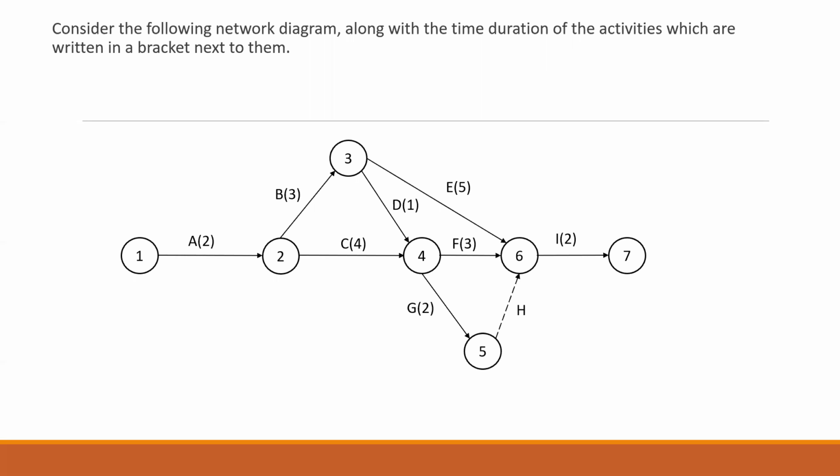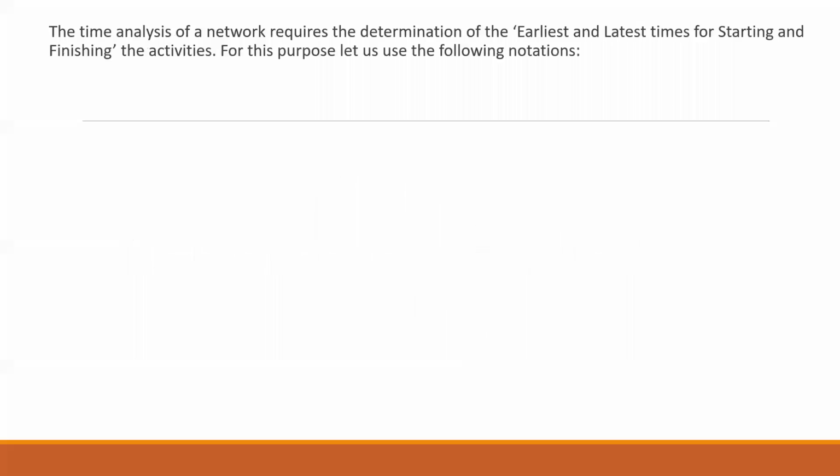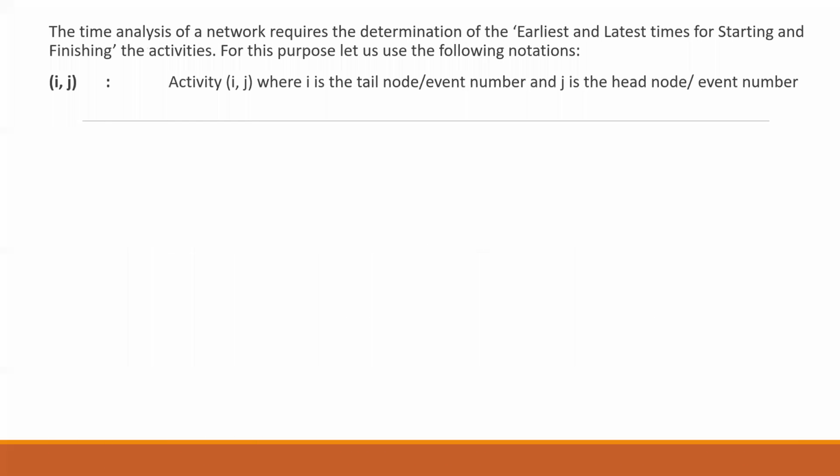Okay, let's go ahead. Now there are some notations, as I told you, which we should be aware of. Please note down each of them. The time analysis of our network requires determination of the earliest and the latest time for starting and finishing the activity. For this, we are going to make use of some notations.